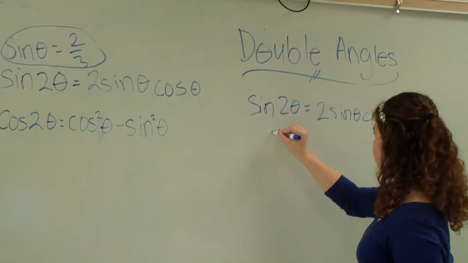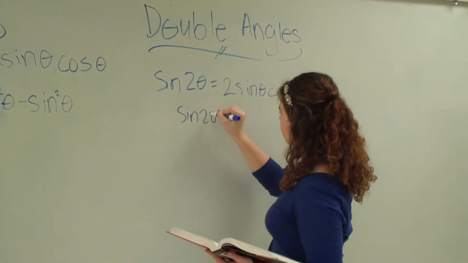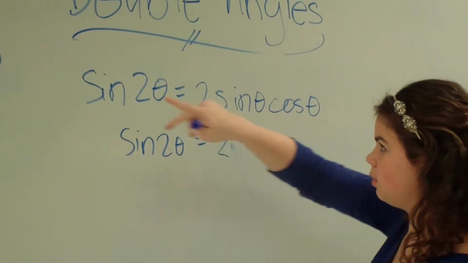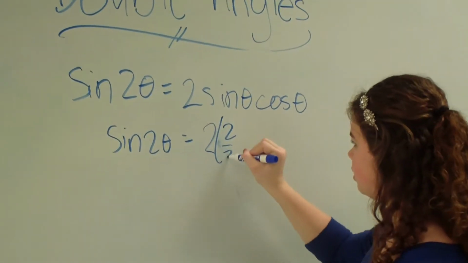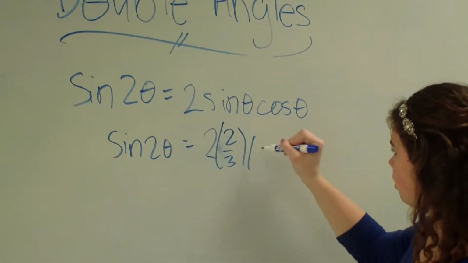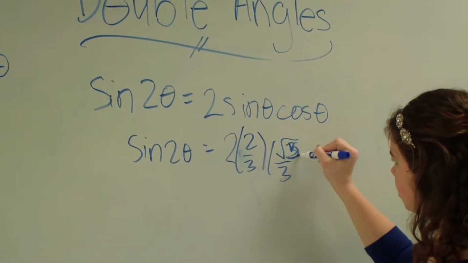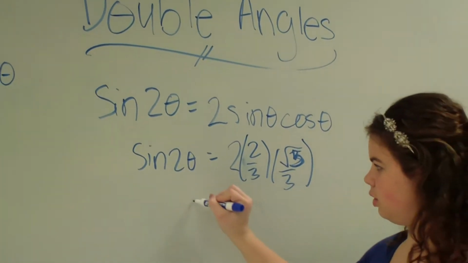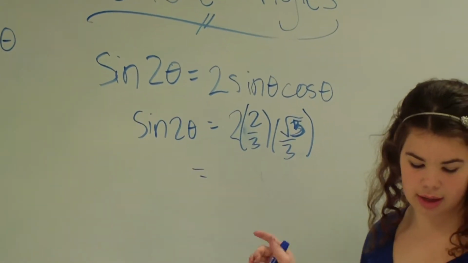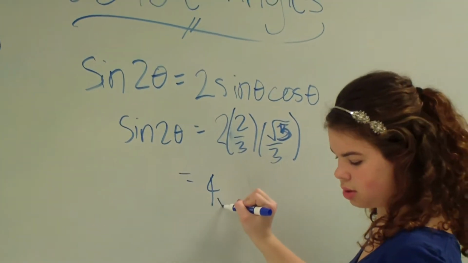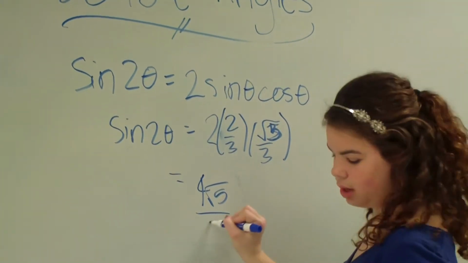So sine 2 theta equals 2. Now remember, sine theta equals 2/3, so 2 times 2/3 times the square root of 5 over 3, which was cosine. That's a 5 there. And you will end up with sine 2 theta equals 4 root 5 over 9.